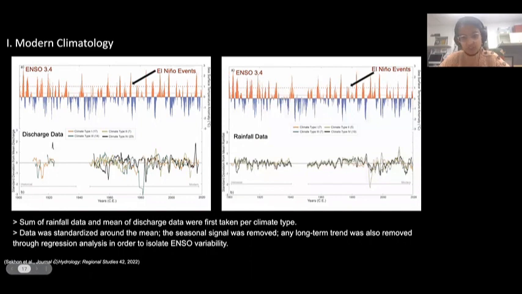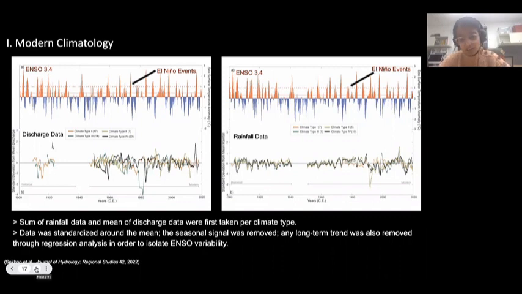We did the exact same thing for the rainfall data, again for the 4 different climate types, and you will notice there is a much more continuous notation of the historical data for rainfall compared to discharge. There is a gap in the 40s and 50s, especially the early 40s, which is when World War II was happening. So we don't have access to that data because that data was not measured or recorded.